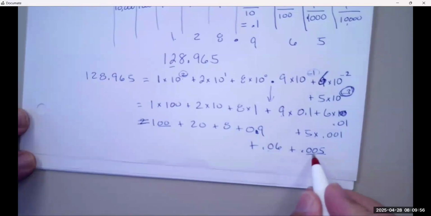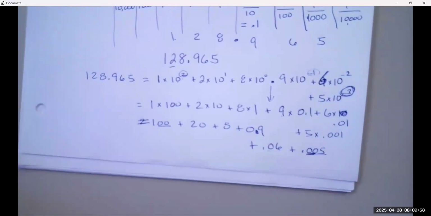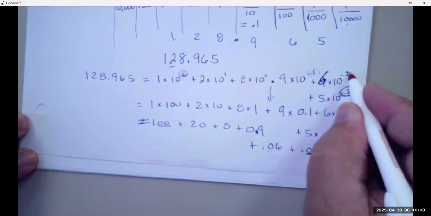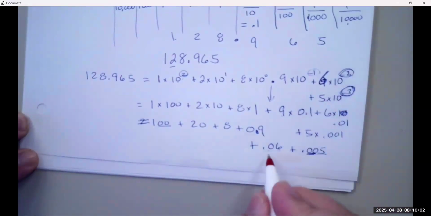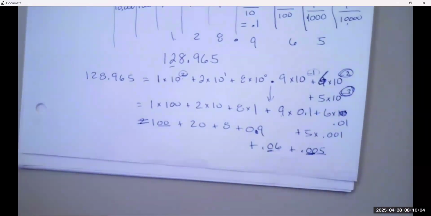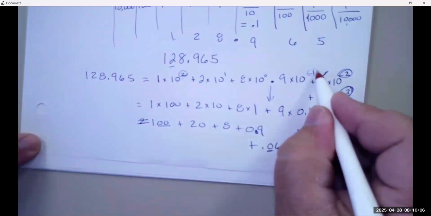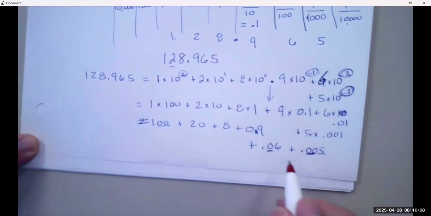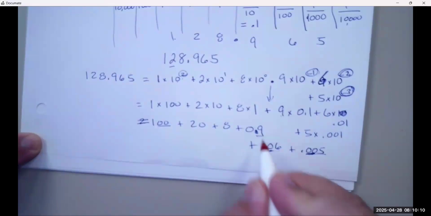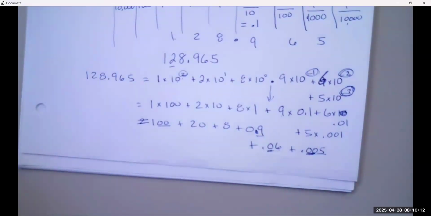It only has 2 zeros. 6 was to the power negative 2. It only has 1 zero. 10 to the power negative 1 has no zeros. So what can we conclude about those kinds of numbers?